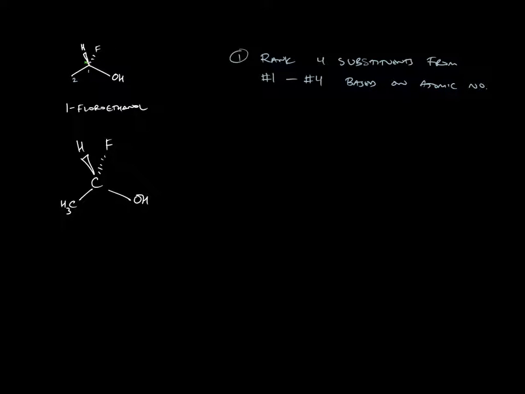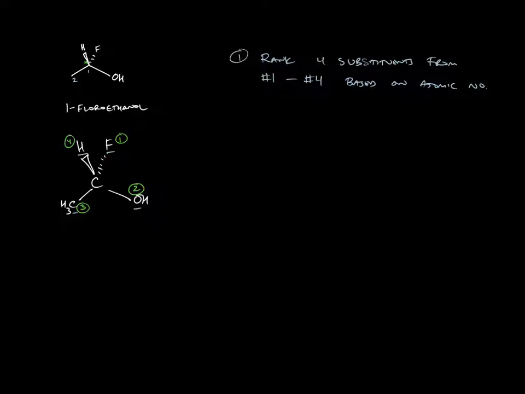But we can look up here on the periodic table, or if you have one near you, and you can tell that fluorine has the highest atomic number between fluorine, oxygen, carbon, and hydrogen. So therefore, if we're ranking these, fluorine would be number 1, oxygen would be number 2, carbon would be number 3, and hydrogen would be number 4. And again, all the way that we get that is we just look at the atomic number on the periodic table.